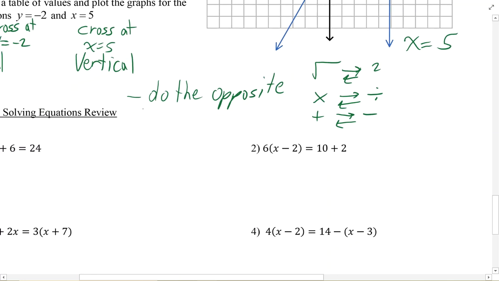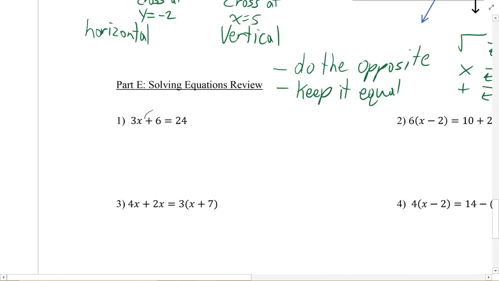So you're going to do the opposite, and my other mantra is keep it equal. So whatever you do to the left side, you got to do to the right side. Okay, and so looking over here, we want to get x by itself. So we have x in an onion wrapped up in various things. We've got to peel apart the layers, okay, in order to figure out what x equals.